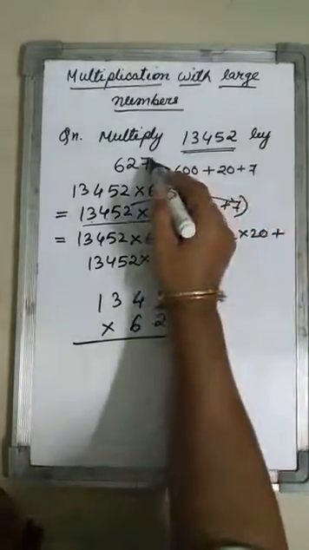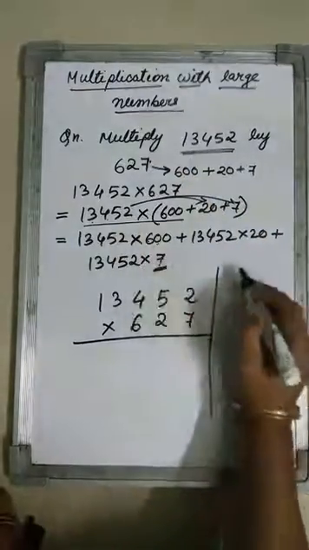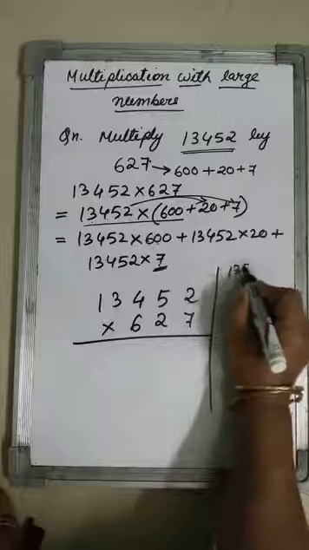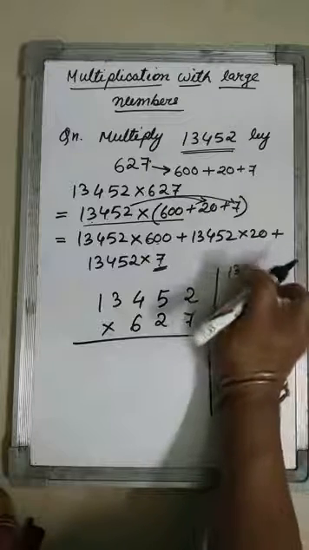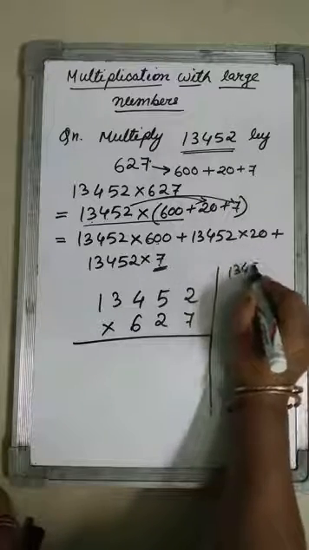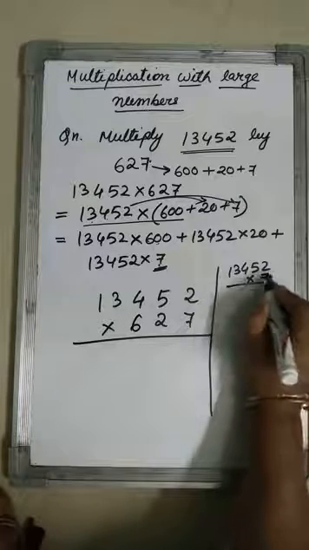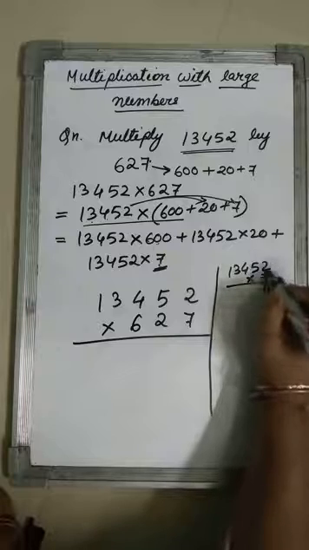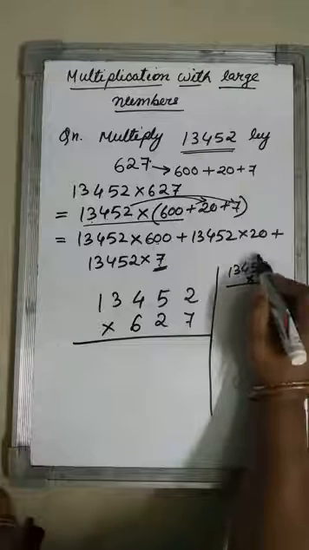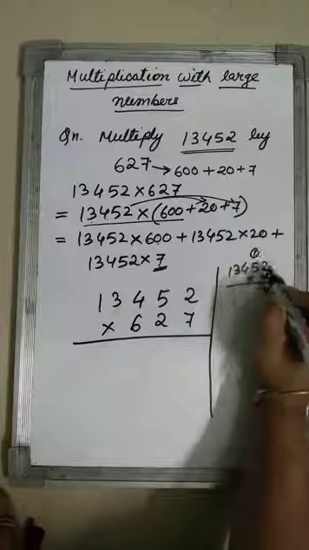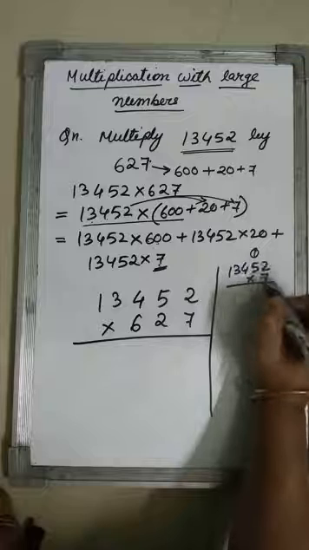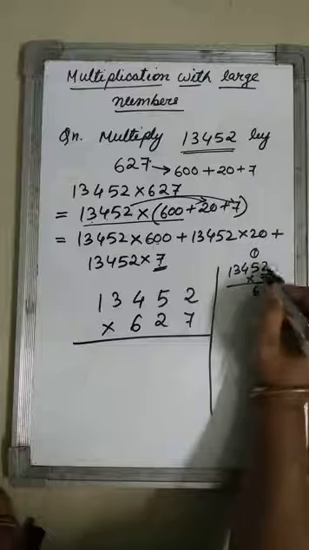Here also the ones number is 7. So 13452 into 7. 7 into 2 is 14. 5 into 7 is 35, plus the carry 36.